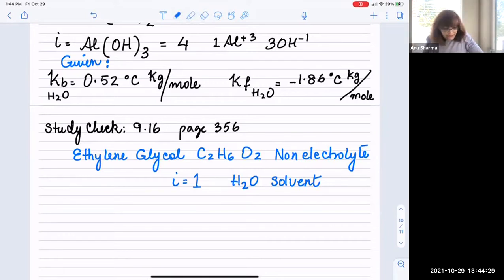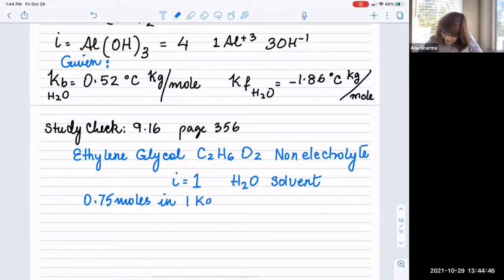It is given in a radiator to give a solution containing 0.75 moles of ethylene glycol in 1 kilogram of water as a solvent.